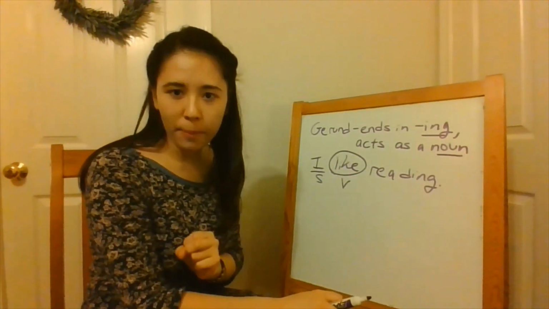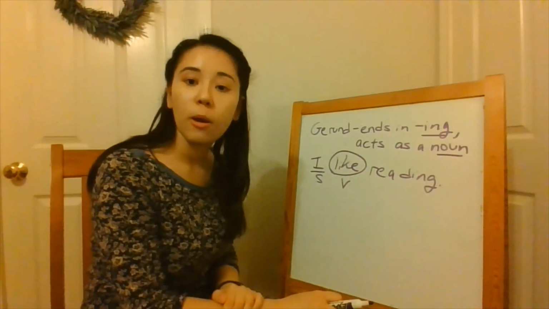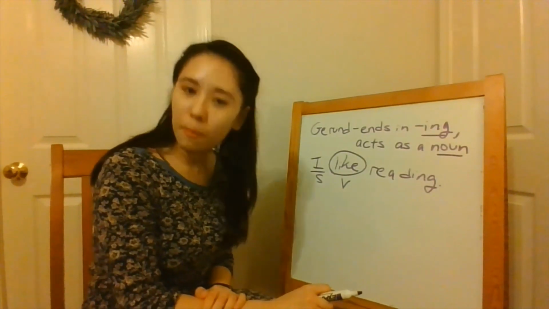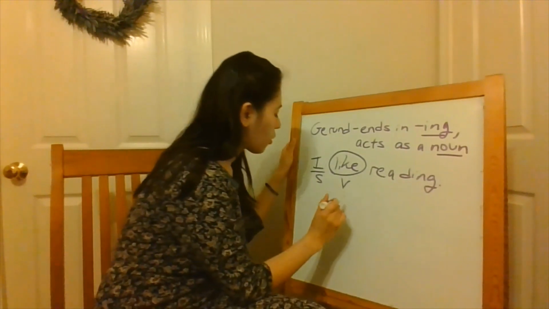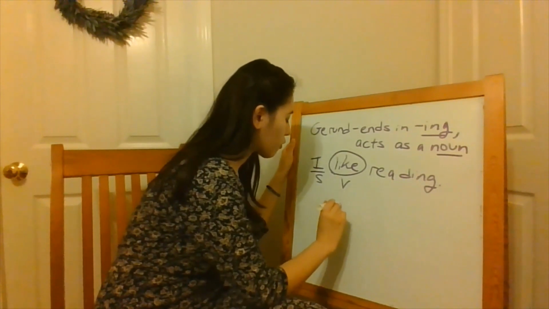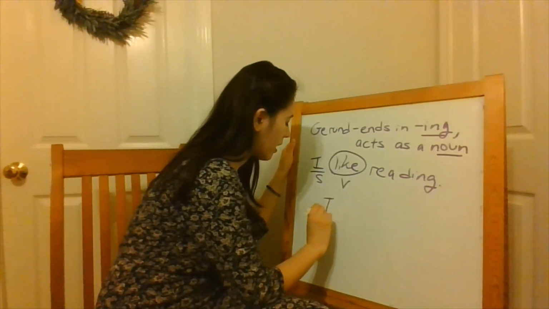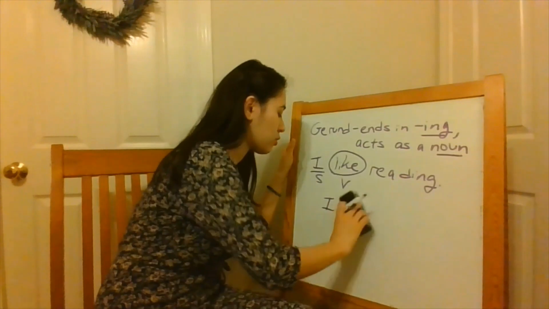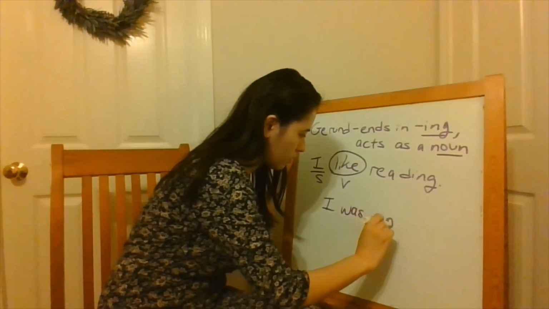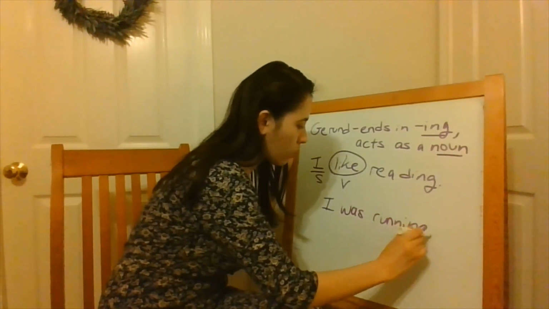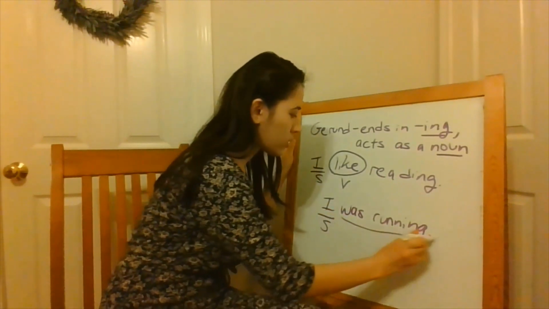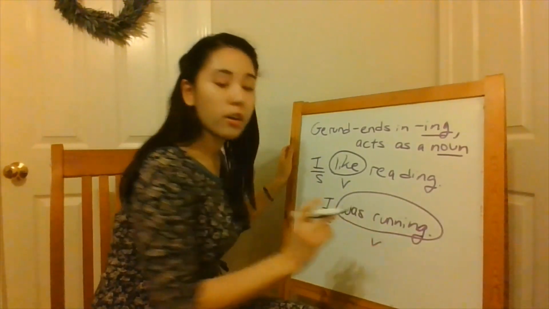Now, this might be a bit tricky because this looks quite similar to when we have a helping verb. And so what is an example of a helping verb? So when we have a helping verb, you might say, I was running. So I is our subject, and was running together makes one verb phrase.